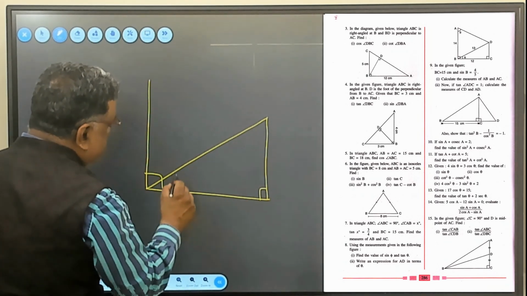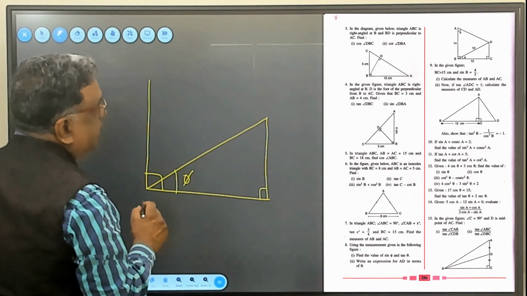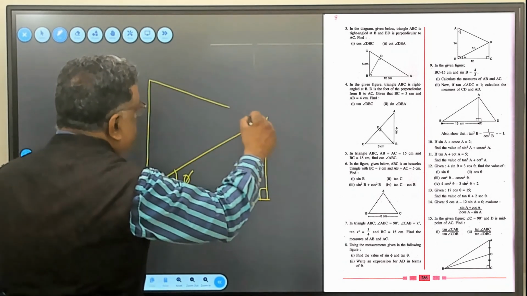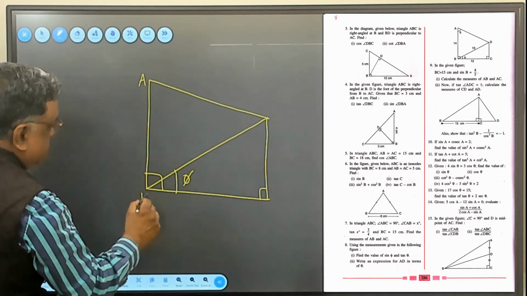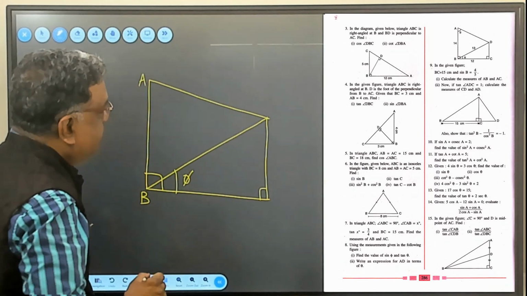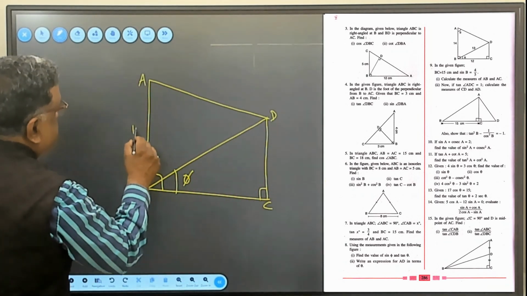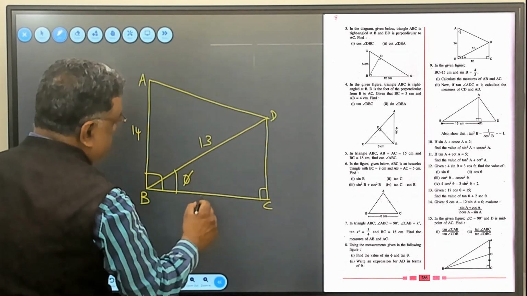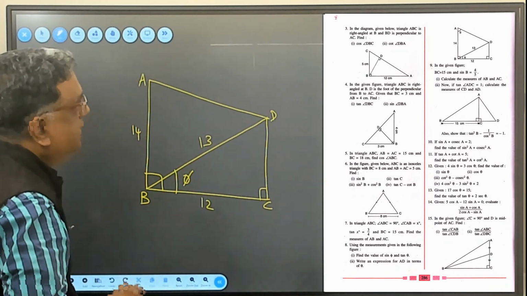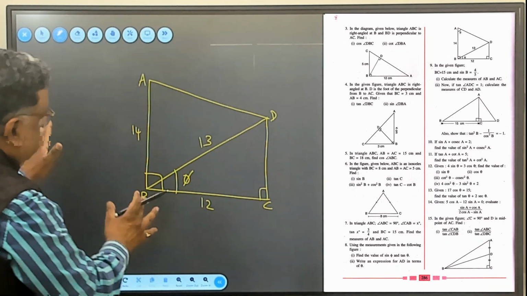This is 90 degrees. This is given as phi. Then this is drawn from here. This is A. This is B. This is C. This is D. This is 14. This is 13. This is 12. Okay, so this is what the figure is given as.